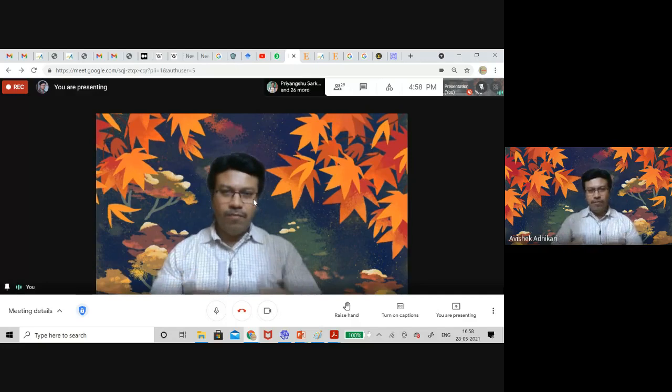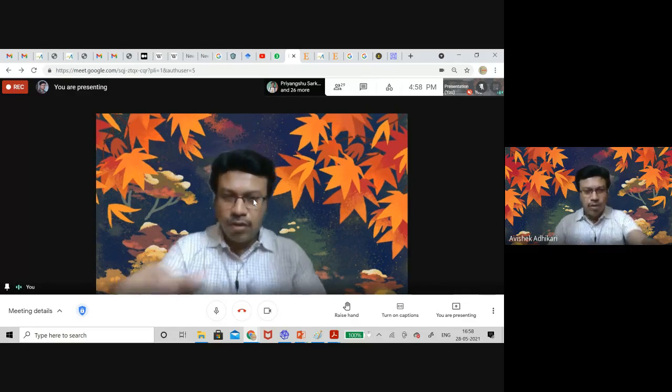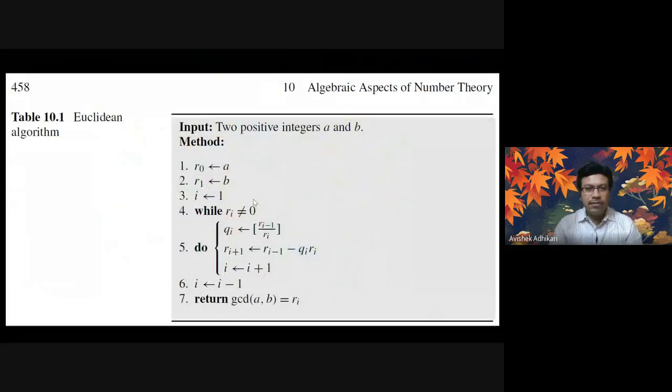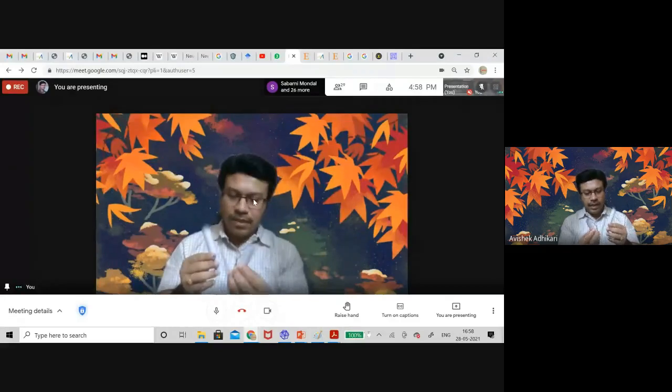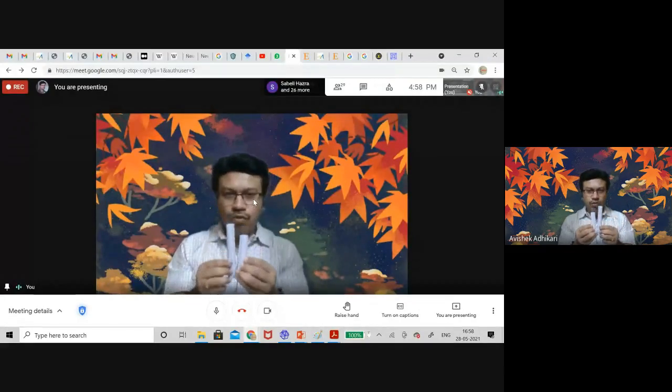Now, say A is 16 and B is 10. What Euclid actually did is put the two sticks side by side and wrap one over the other.